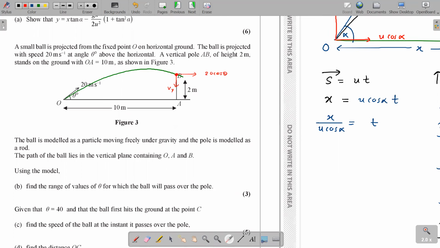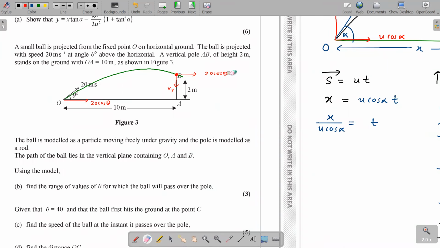Okay, so shall we try the conservation of energy method? You don't need to find the horizontal component of velocity. It's constant throughout the entire motion, right? So 20 cos theta, and Vy you can find by using v square equals u square plus 2as. Okay, so any method is fine.